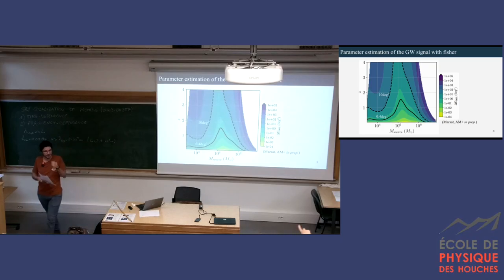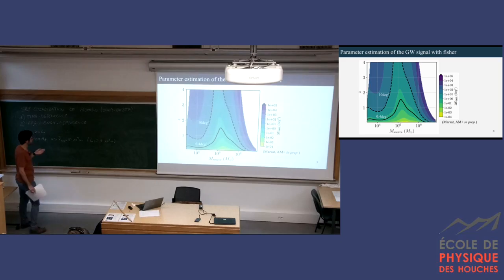So is the fact that this looks slightly better than LVK due to this frequency dependence? Because I would have assumed that this was a hindrance, not a positive point. Well, if you know how to treat it, it's a positive. But it's not just this one.